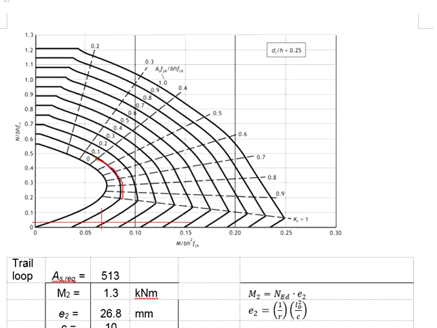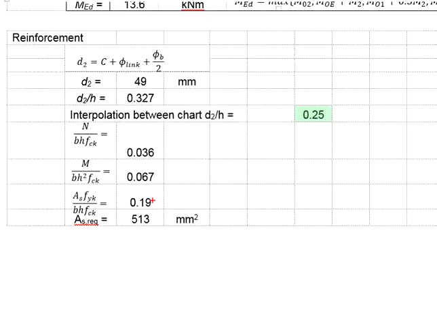Referring to the curve where the intersections happen, it is between 0.1 to 0.2. It seems that it is quite close to the 0.2 line. Let's say now it ends up to be 0.19. In the equation here, only AS is what we are not sure of. The rest are given in the question.